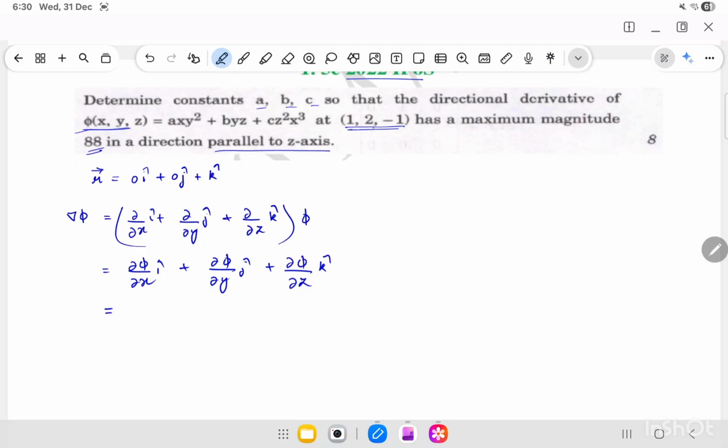So it can be simplified as: the partial derivative of phi with respect to x will be a y square plus 3c z square x square i cap, the partial derivative of phi with respect to y will be 2axy plus bz j cap, and the partial derivative of phi with respect to z will be by plus 2czx cube k cap. So this is the gradient of phi.